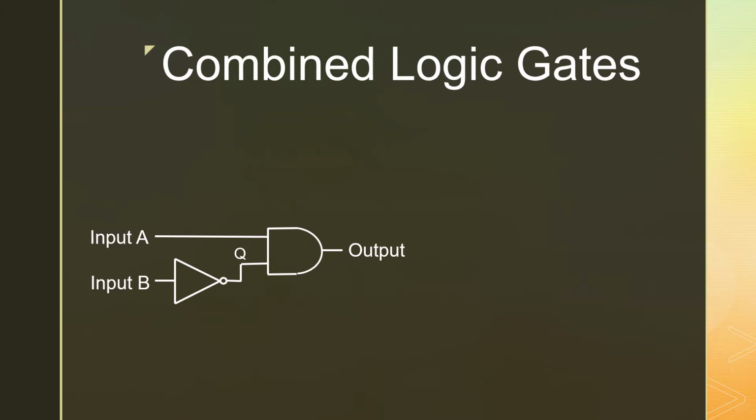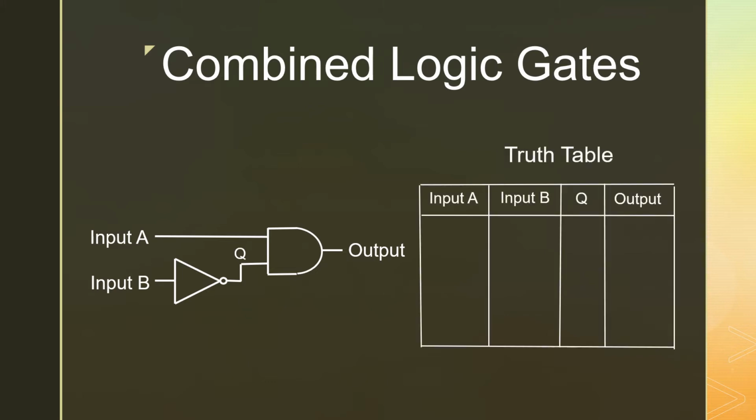So let's now look at our truth table. I've now got input A, input B, and this additional label of Q. The first thing I'm going to do is populate input A and input B. So that's the same as it has been in the past, 0, 0, 0, 1, 1, 0, and 1, 1. Now in order to do the next column, all I need to do is look at this NOT gate.